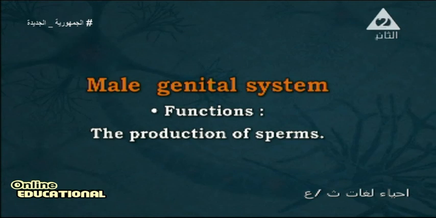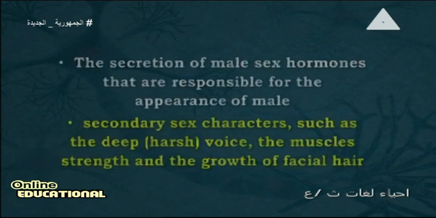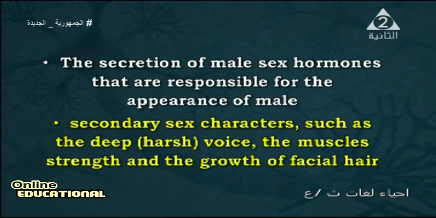First, the male reproductive system. What is the male genital system? It produces sperm. Number one, it consists of two testes and some glands.